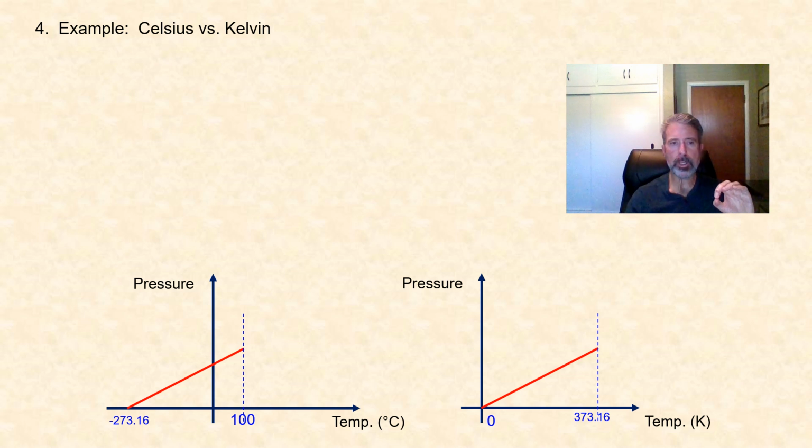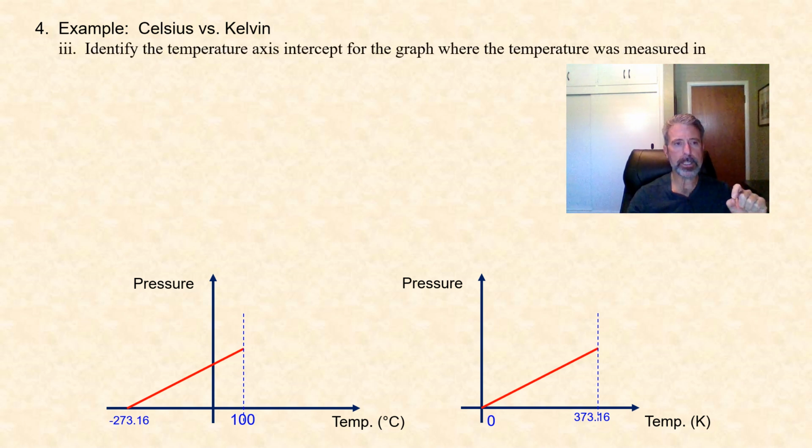Right, so let's finish up this problem, and you'll notice I kept the graphs here at the bottom of this slide. The next question asks us to identify the temperature axis intercept for the graph where the temperature was measured in degrees Celsius. So notice here that when measured in degrees Celsius, the temperature axis intercept is minus 273 degrees Celsius.